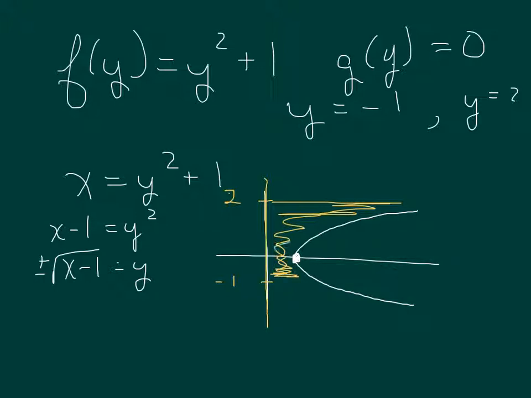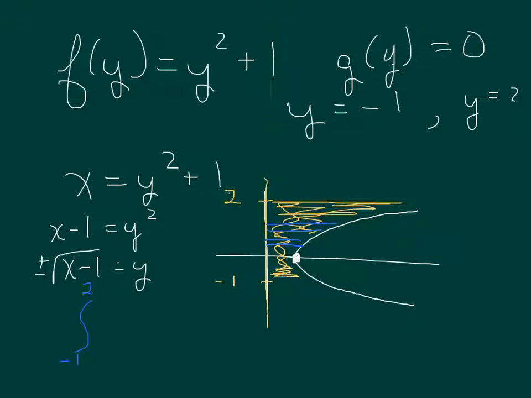That's the area we want. Now, I think that would be kind of hard to figure out all the x's if we're going vertical strips. But if we do horizontal strips from here to here, do a Riemann sum like that, we're going to be integrating from negative 1 to 2. Those are my y values.